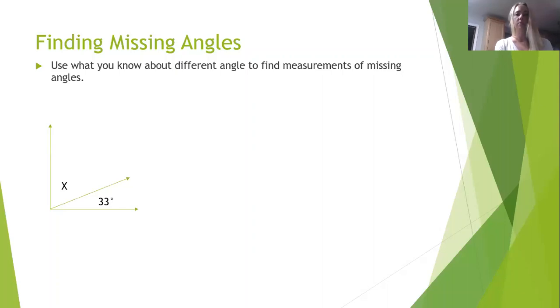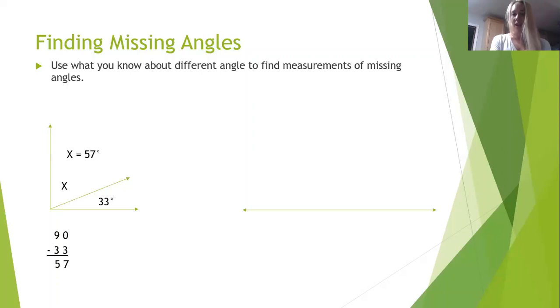So to find out the measurement of angle x, I need to take 90 degrees, because that is the total measure of both angles combined, and I need to subtract 33 from this. I'm going to get 57. So I know that angle x is equal to 57 degrees, because if I add 57 plus 33, I'm going to get 90, and that's the total measure of a right angle.